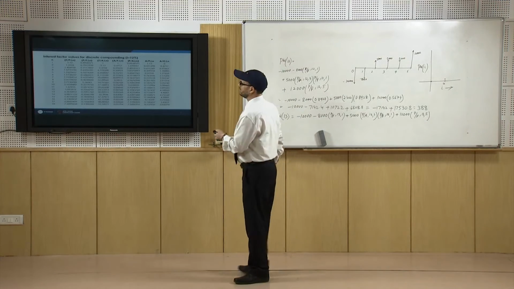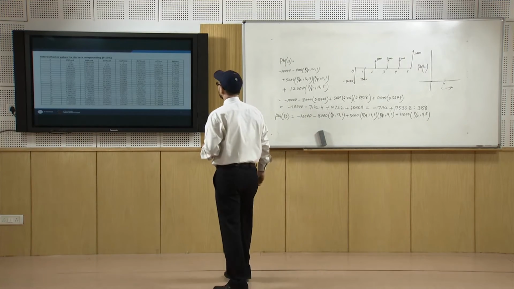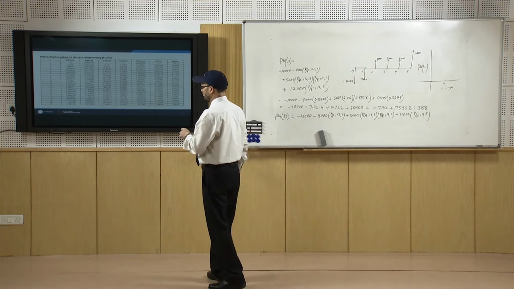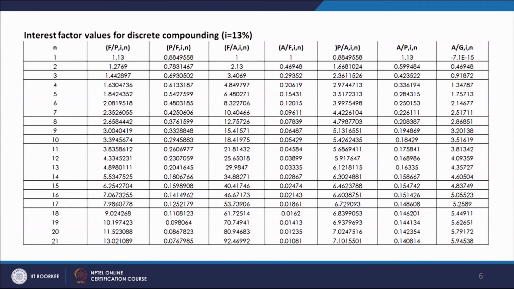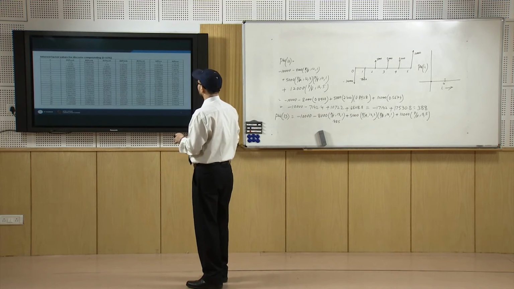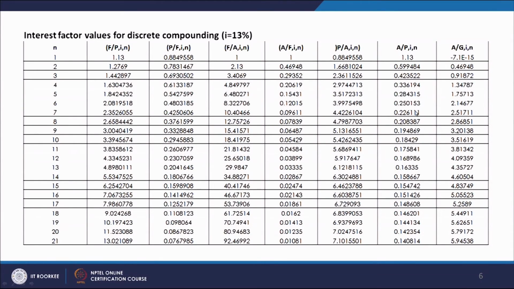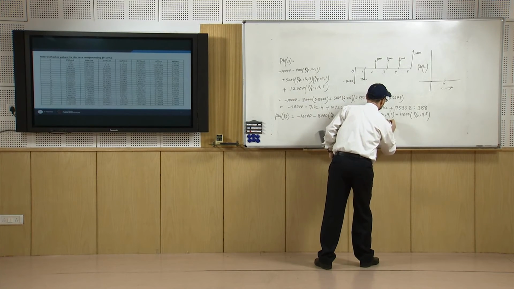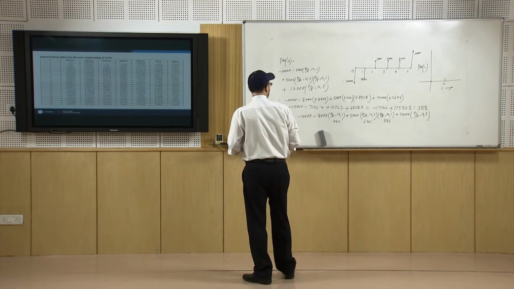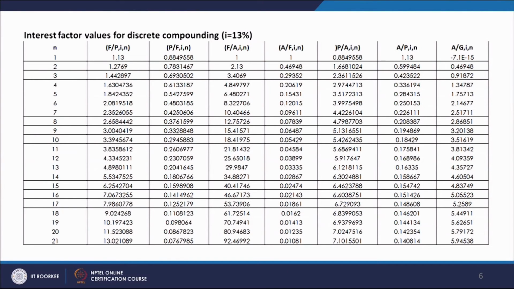Now, again we have to see the interest table of 13%. In the 13%, P by F 13,1 is 0.8849, so 0.885. P by A 13,3 is 2.361. And P by F 13,5 is 0.5427, so 0.543 we can take.